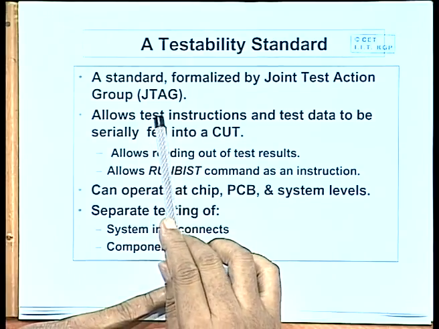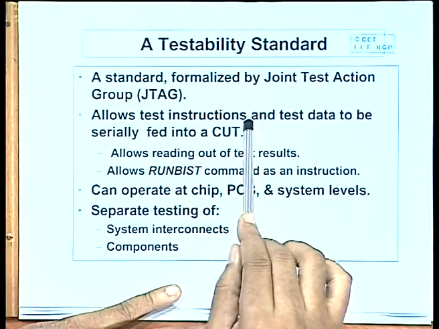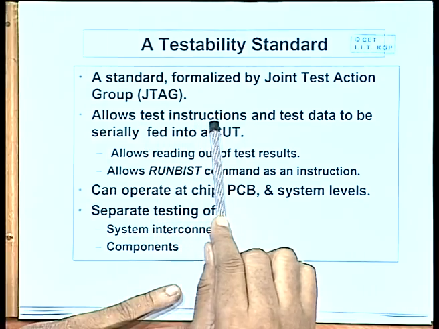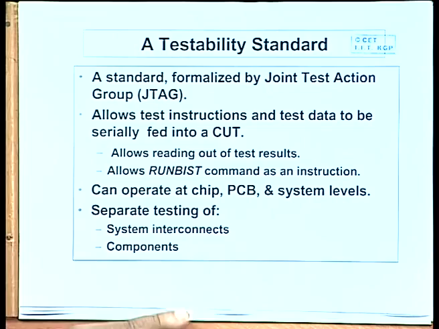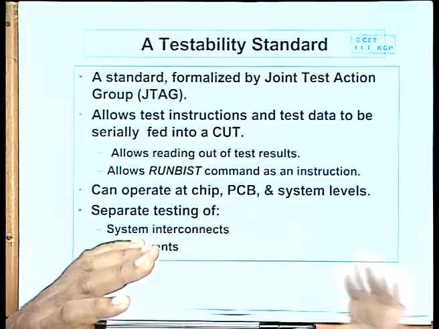See, test instructions are something which is new, which means you are encountering here, because you see all the chips may not be of the same type. Some chip may be using conventional scan path based DFT, some chip may be using BIST.